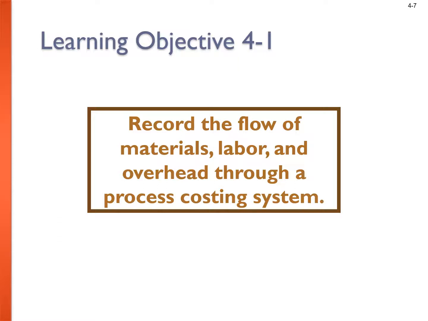So just to take a time out here, we'll be looking at this learning objective 4-1 in more detail, but take a look on page 163 of your book just to get a better grip of what we're talking about here. And in this example, they're talking about potato chips being made.